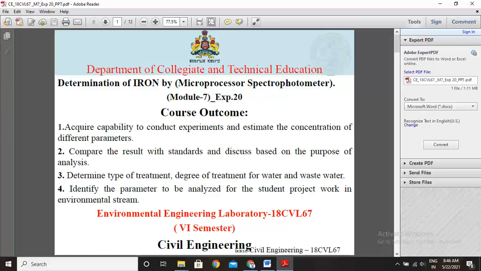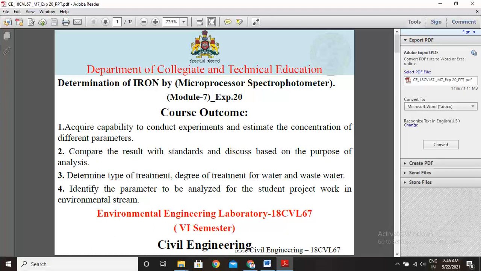Today's class and subject's course outcomes are prepared here. There are 4 course outcomes. One is acquire capability to conduct experiments and estimate the concentration of different parameters. Second is compare the result with standards and discuss based on the purpose of analysis.